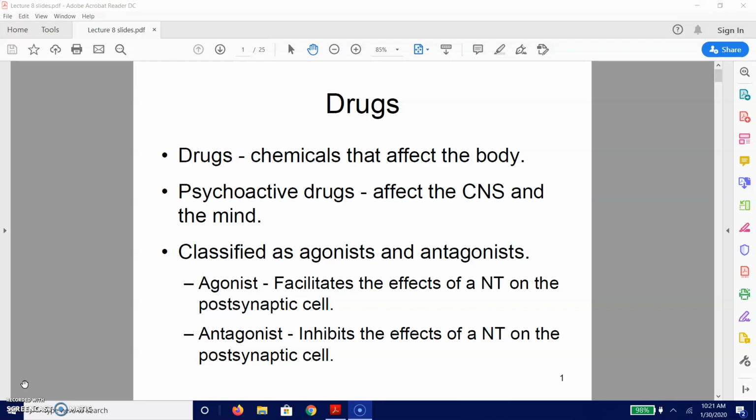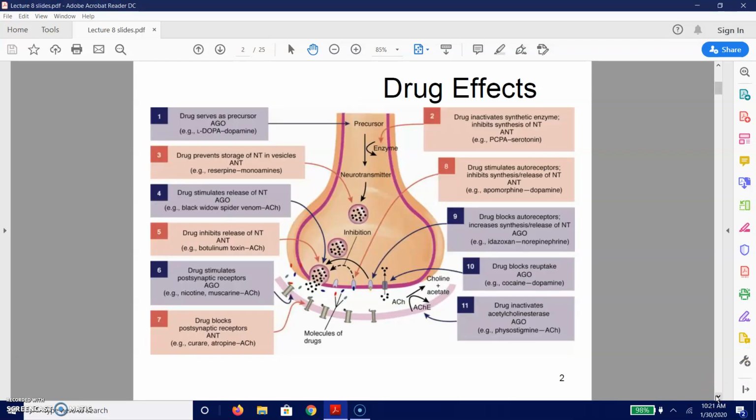On the other hand, an antagonist is anything that inhibits the effect of a neurotransmitter on the postsynaptic cell. So to help you understand, and this is an incredibly complicated figure, I'll try to spend a little bit of time on this, but I would also recommend you check this in your book. This is really going to help you answer one of our essay questions.